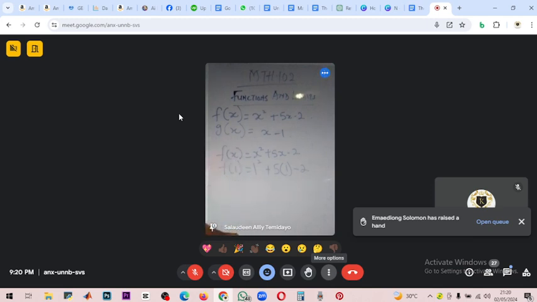So f of 1, that's x squared means 1 squared plus 5 times x is what? 1. 5 times 1 minus 2. So this x is just showing me that 1 is representing x. It's a common tactic. It's a normal thing. Shall I proceed?